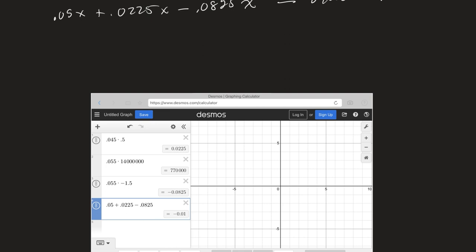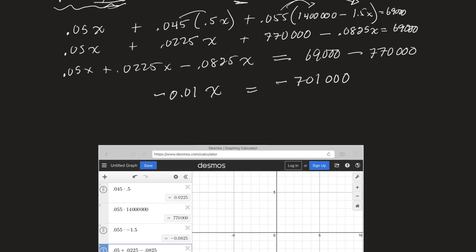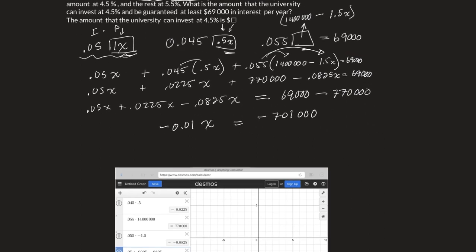Okay, so I get negative 0.01x is equal to, if I subtract those, I think negative 701,000. This isn't going to come out right. What did I do wrong?